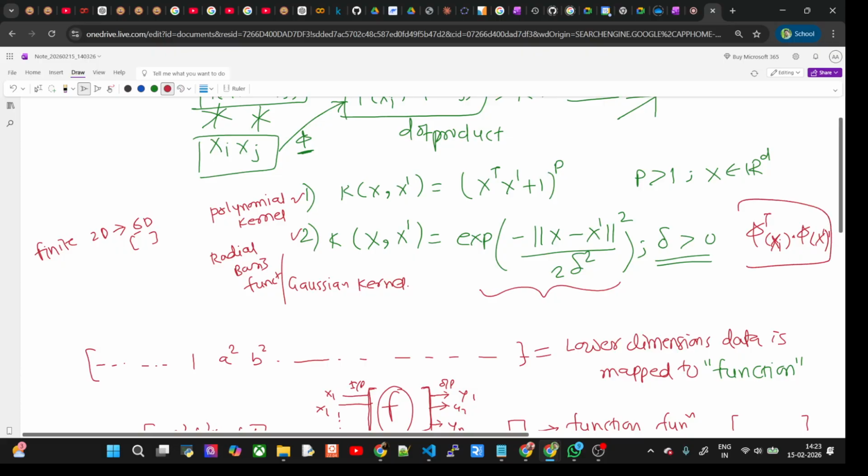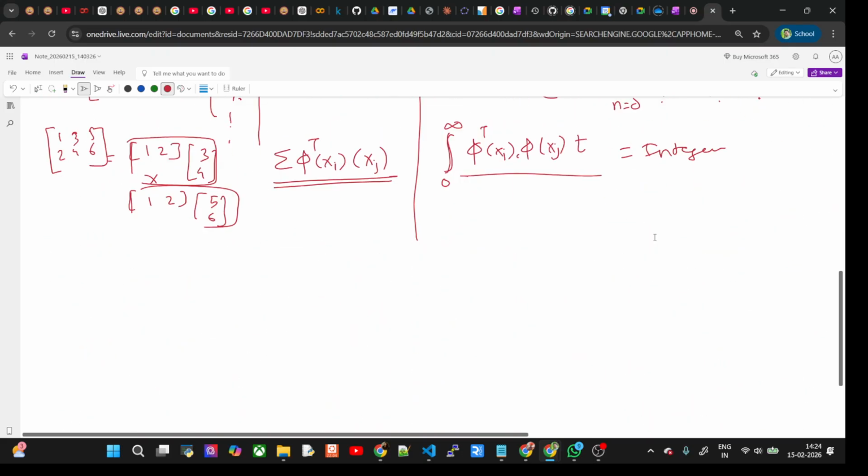We can get that value, and you will say okay, this is possible, so these are valid kernels. But is it the correct way to validate the kernels, by saying that if you just get the dot product then it is valid? In general, how can we say it's a valid kernel or not?